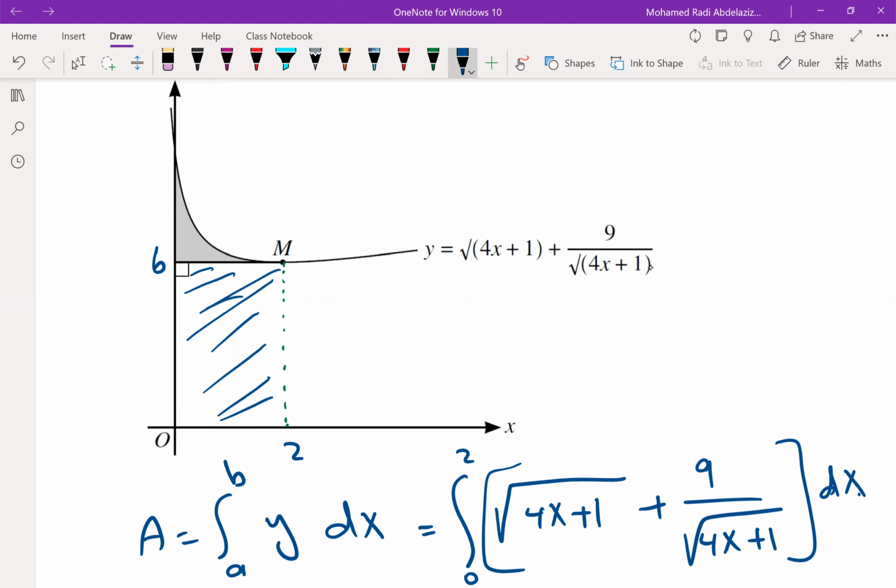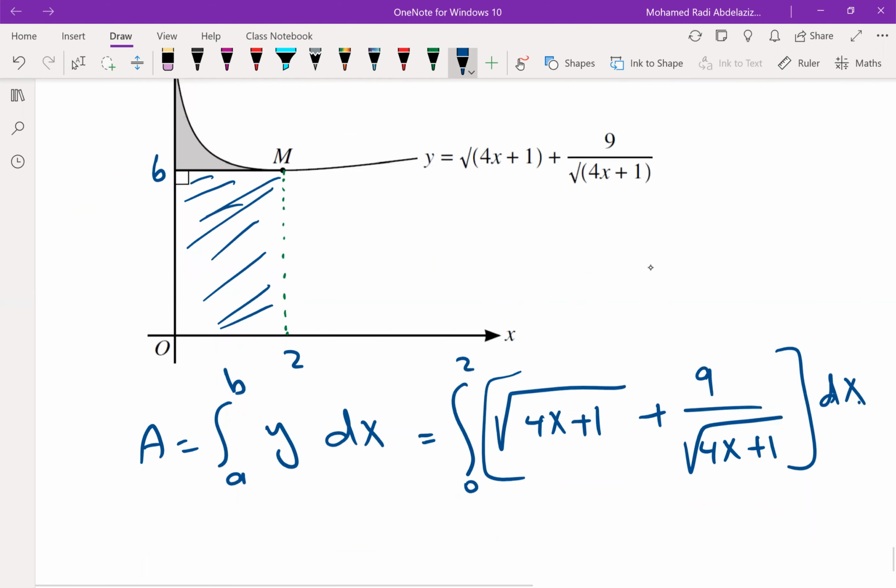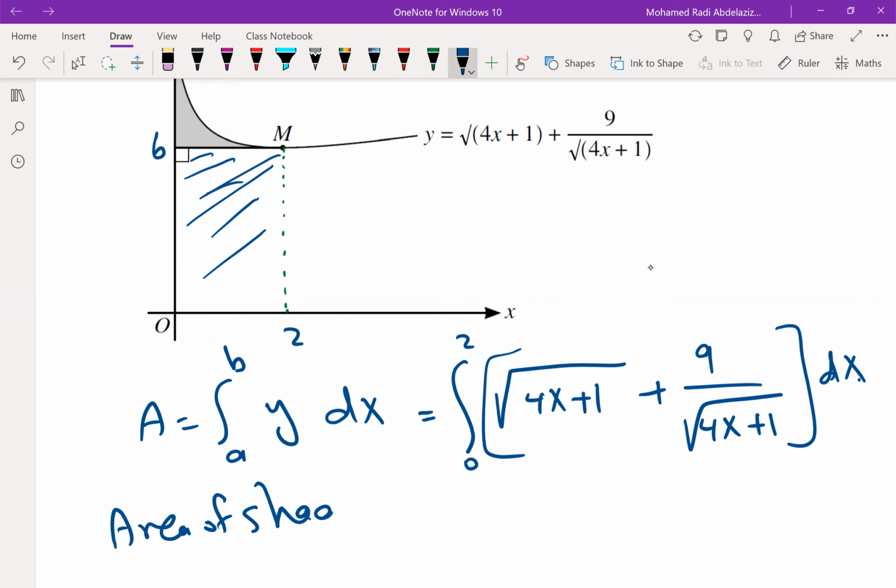After finding this area, remove the area of the rectangle, which is length times width, 2 times 6, which is 12.